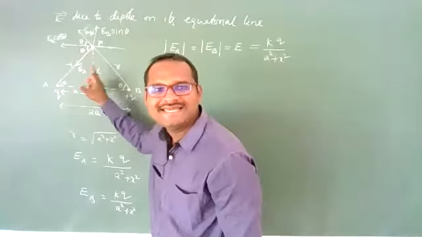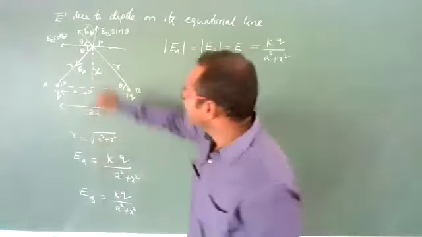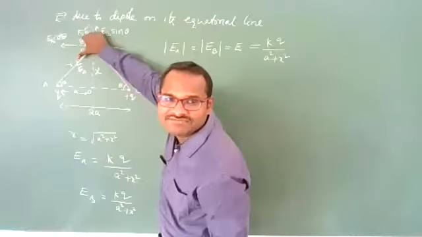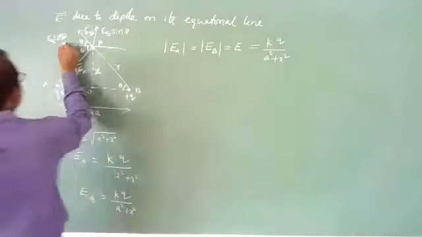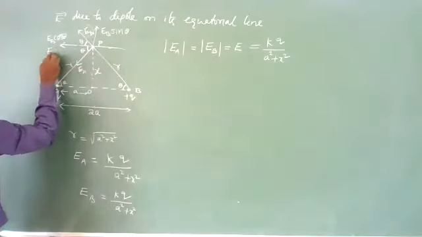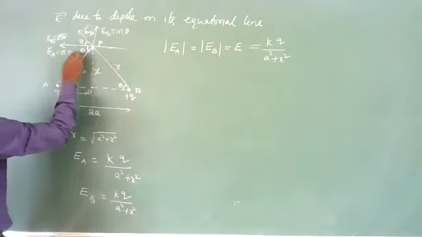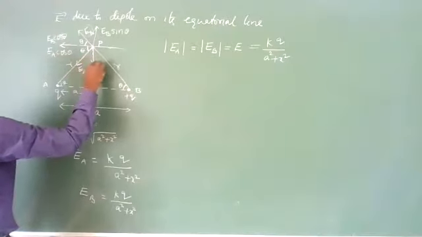Now this EA can be resolved into two components perpendicular to each other like this. One is along this horizontal line, that is EA cos theta. One is perpendicular to that, that is EA sin theta.